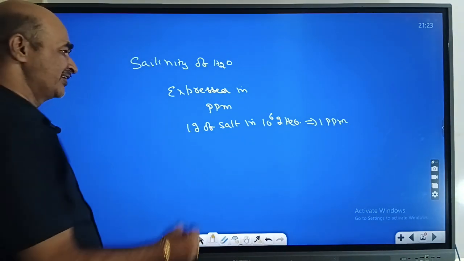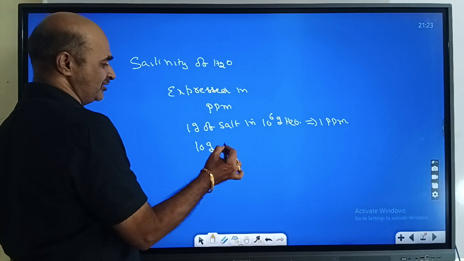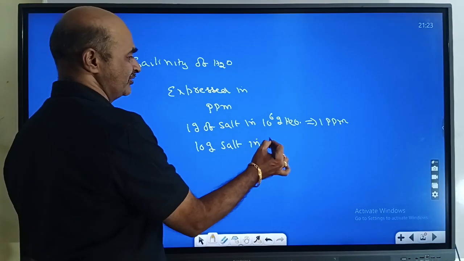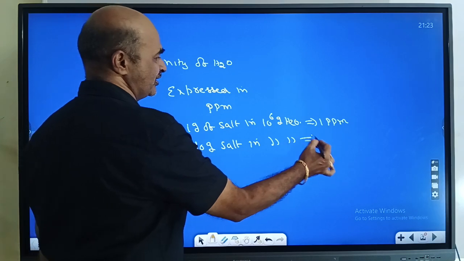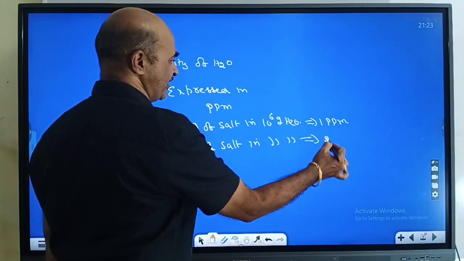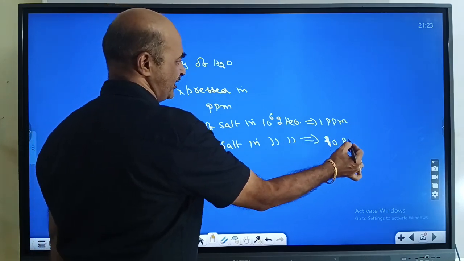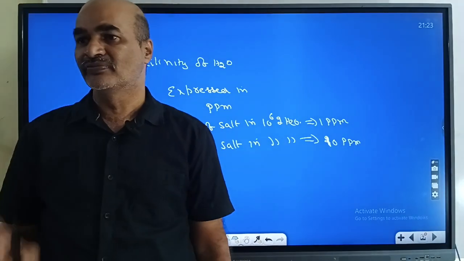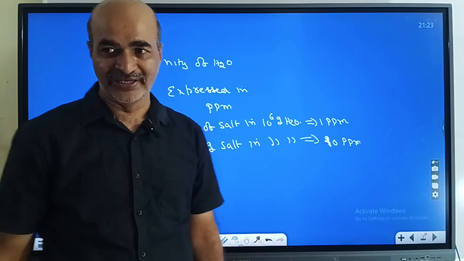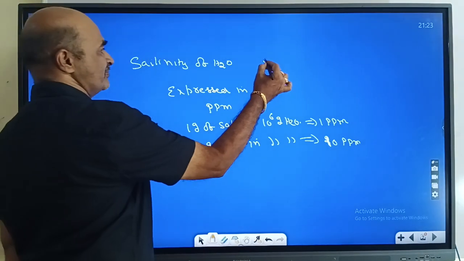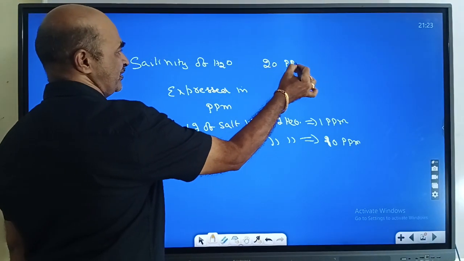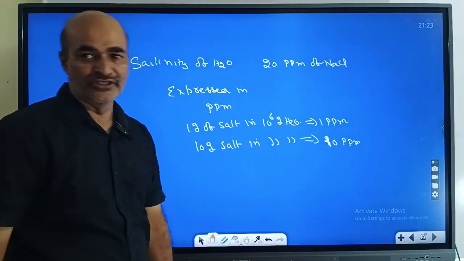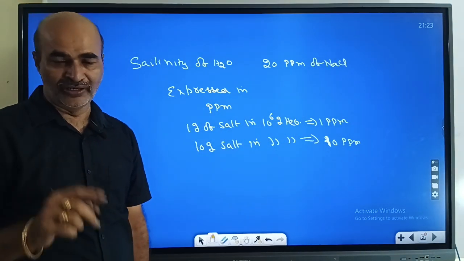When 10 grams of salt are in 10 to the power of 6 grams of water, this is 10 ppm. For example, what is meant by 20 ppm of NaCl?